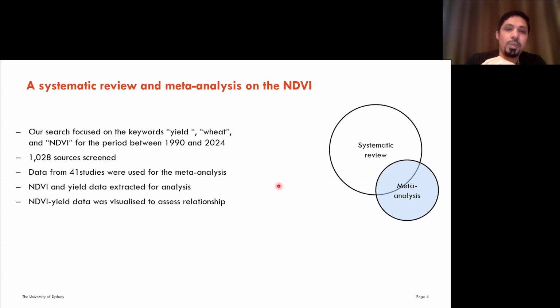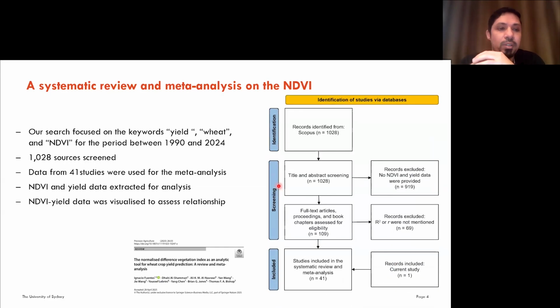And we focused on the period from 1990 until 2024. We screened about 1,028 sources, including journal articles, presentations, and other sources. And we filtered all the data, and we got only 41 studies for the meta-analysis.